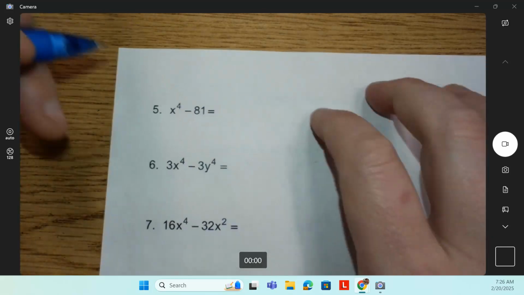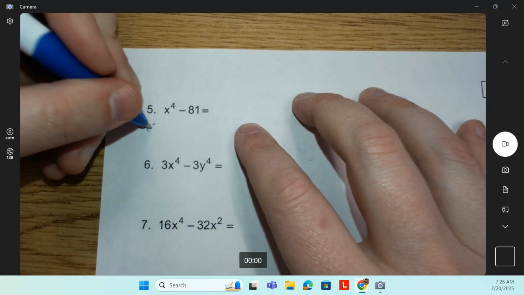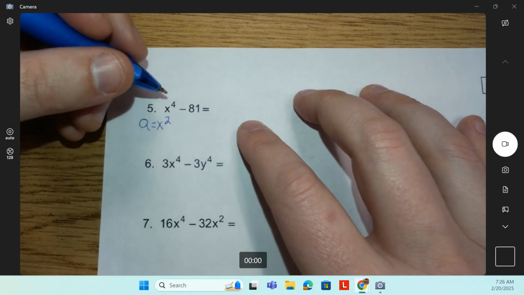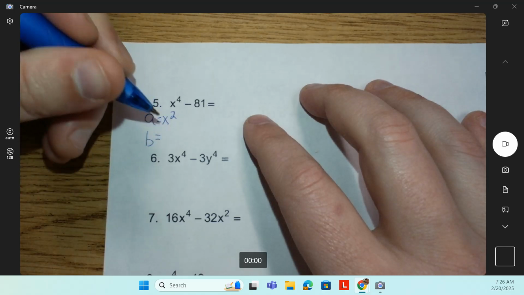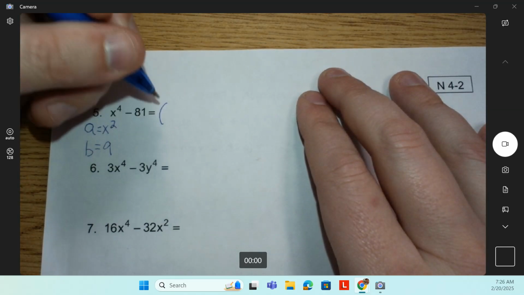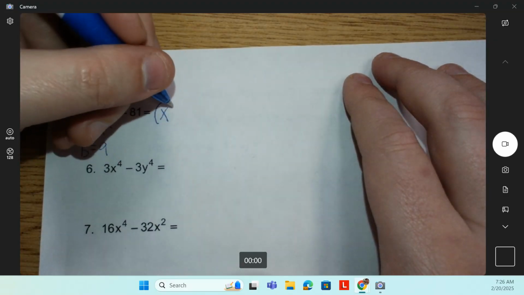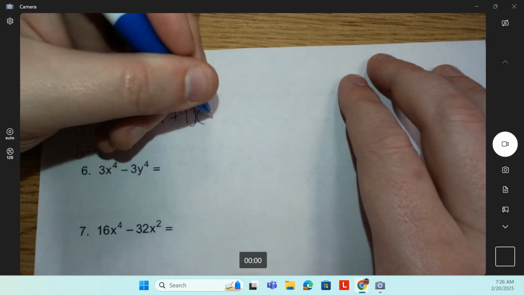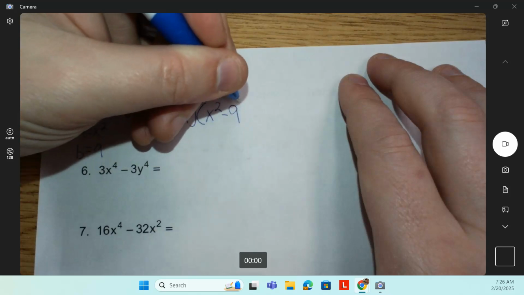And so I can split it up in the same way and say that A is x squared, because I divide that by 2 now, and B is the square root of 81, which is 9. But normally we just end up writing that as the square root of the first term, so x squared plus 9 times x squared minus 9.